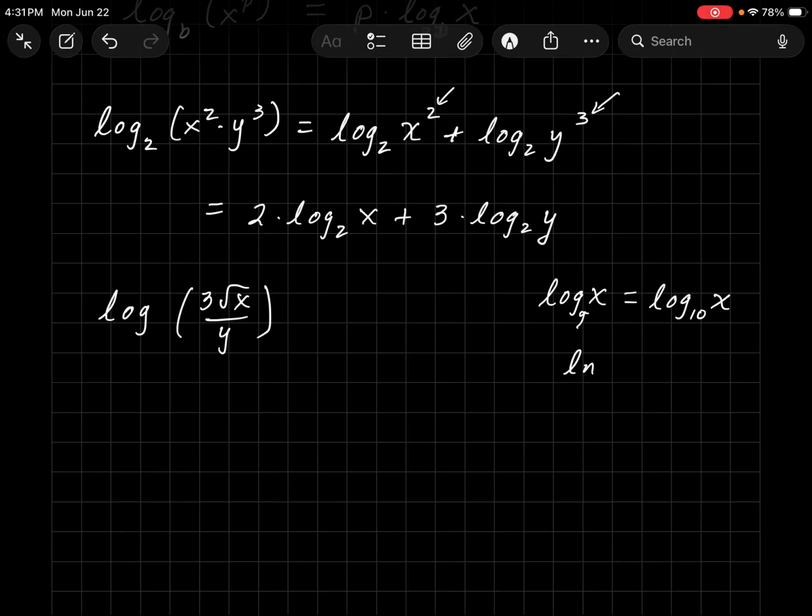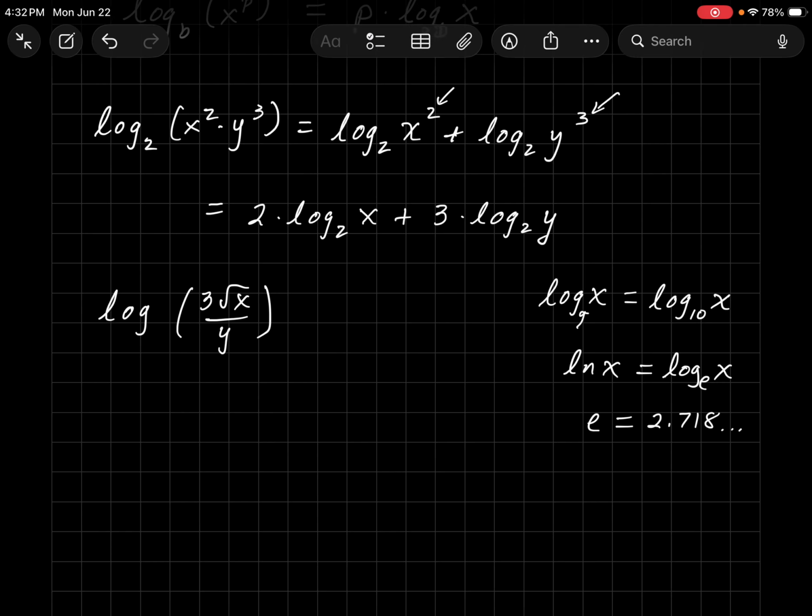And when we see the natural log of x, that is the log base e of x, where e is a number about 2.718, but it goes on forever and never repeats. We call it an irrational number.